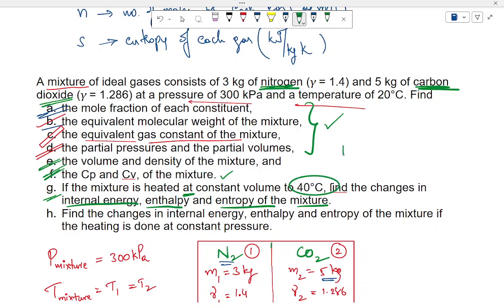So far we have used only T, which is T1, 20 degrees centigrade, and now he has added T2 into the question, which is 40 degrees centigrade. Based on this, he's asking you to find U2 minus U1, also enthalpy H2 minus H1, and also S2 minus S1, that is entropy.